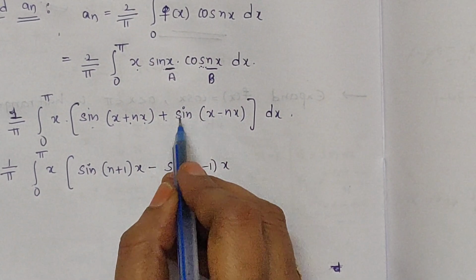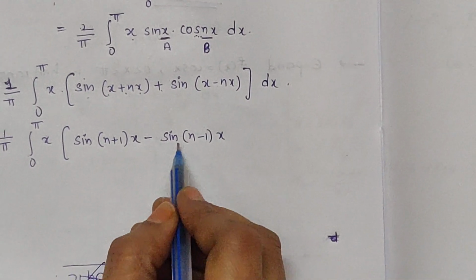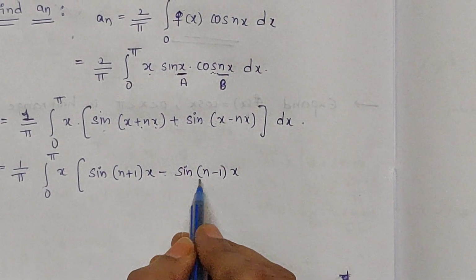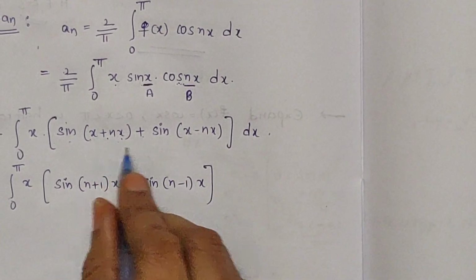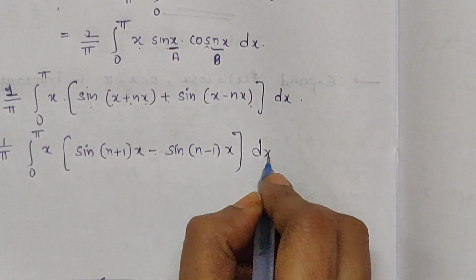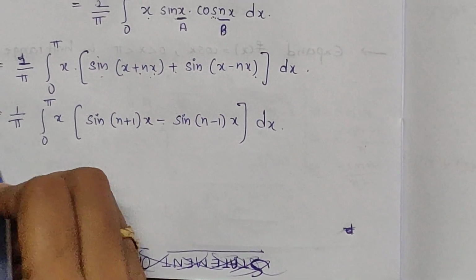If you take minus sin of minus theta, that becomes minus sin theta. And take x common here, that makes further simplification convenient.